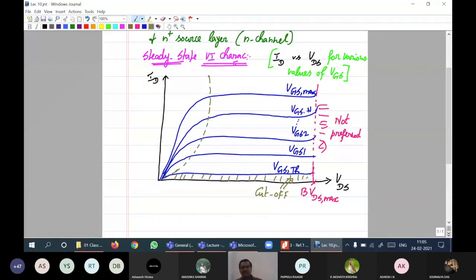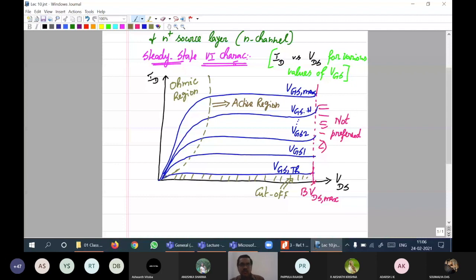Saturation region, it is turned on, means ohmic region. MOSFET is entering into ohmic region. The other region is going to be active region. So power MOSFET should be operated between ohmic region and cutoff region.